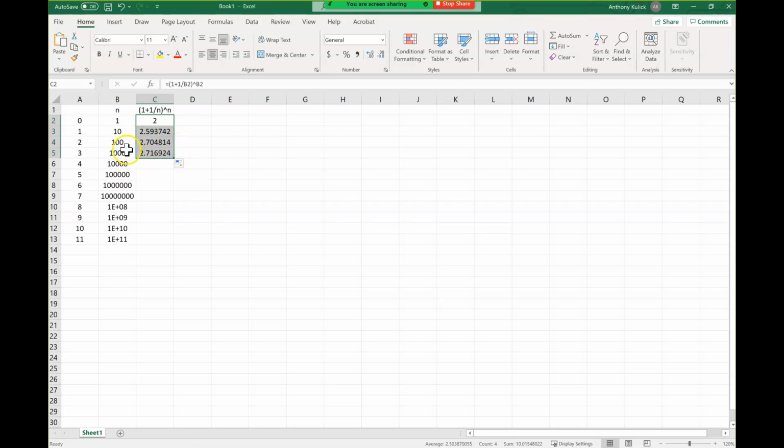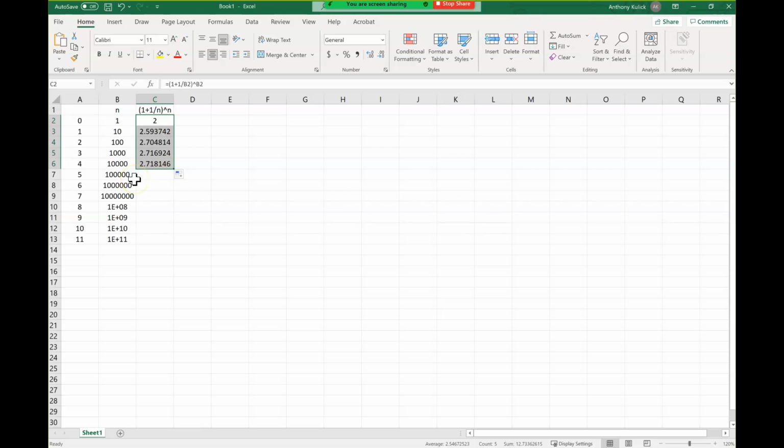To go from 100 to 1,000, we went from 2.70-ish to 2.71-ish. So notice the first two digits are now the same, right? And going from 1,000 to 10,000, 2.71 has all stayed the same. So the first three digits are now the same. Everybody agree?